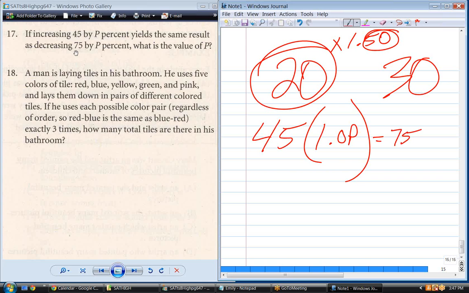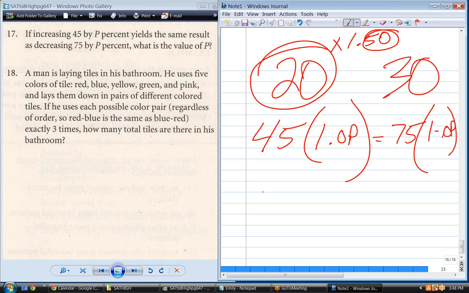And that's equal to 75 divided by 1.0p? Well, if we decrease it, we multiply it by 1 minus p. Okay, hold on, let me think a moment. Is the same as decreasing 75 by p. So if we decrease 75 by 10%, we would multiply it by 90%. So I'm going to decrease it by 1 minus 0.0p. Right?